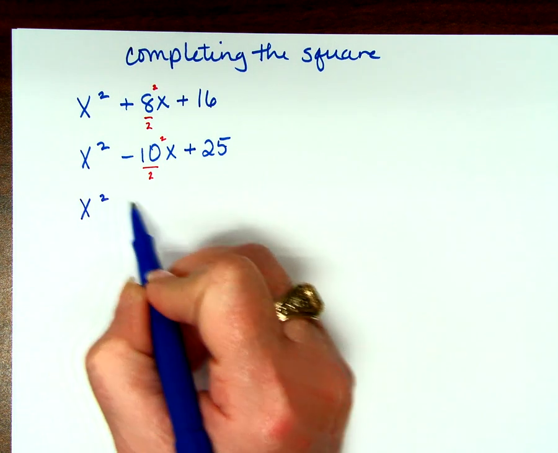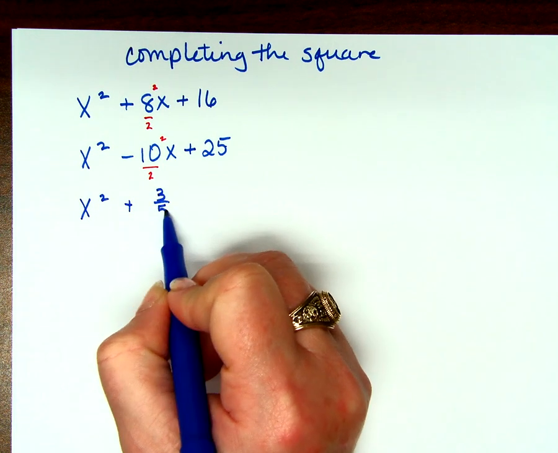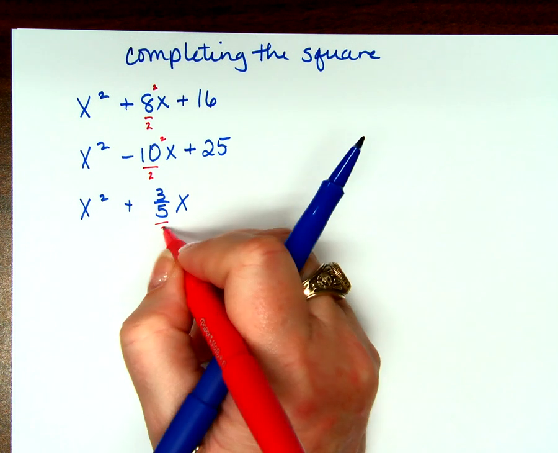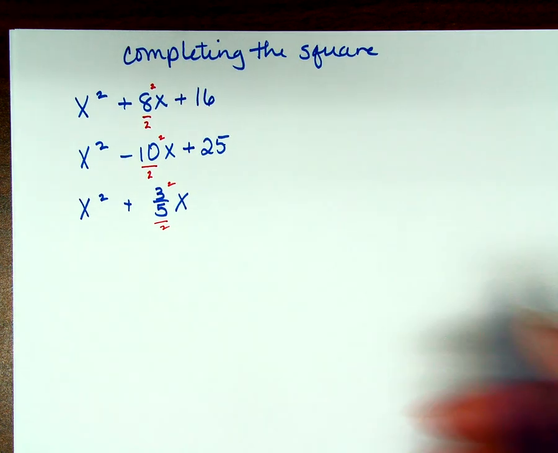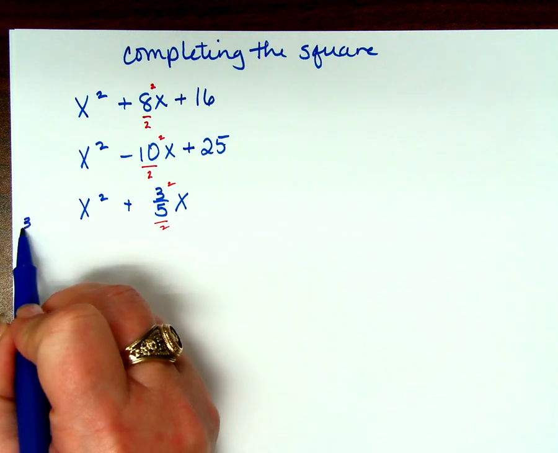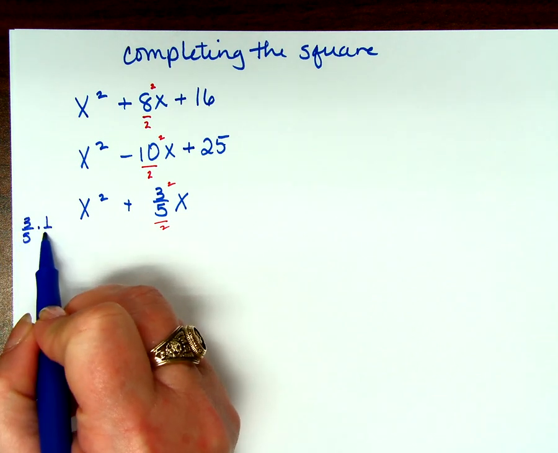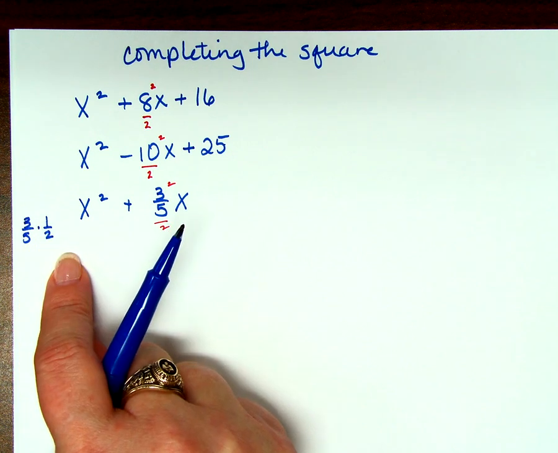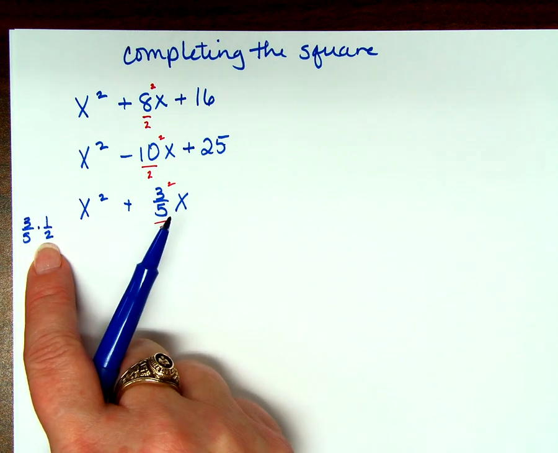What about x squared plus 3/5 x? I know, please don't get mad at me. You'll be fine. Well, if I'm dividing this by 2 and squaring it, which is what I'm supposed to do, dividing by 2 is the same thing as multiplying by what? 1/2, right? So it's 3/5 times 1/2. 3/10, right?